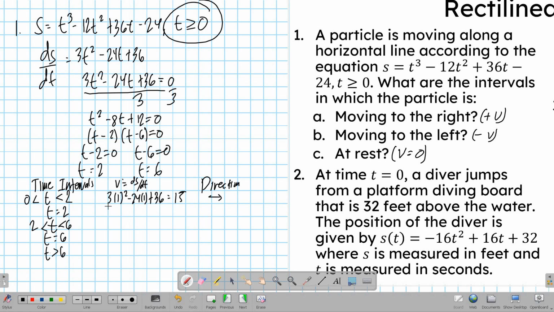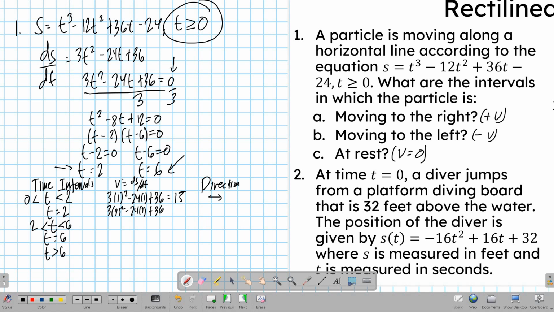At t equals 2, we're going to have 3 times 2 squared minus 24 times 2 plus 36. But if you look at it carefully, we were actually able to solve for t here: t equal to 2 and t equal to 6 is when the velocity function is equal to 0.